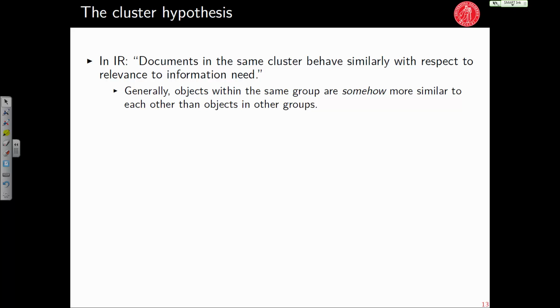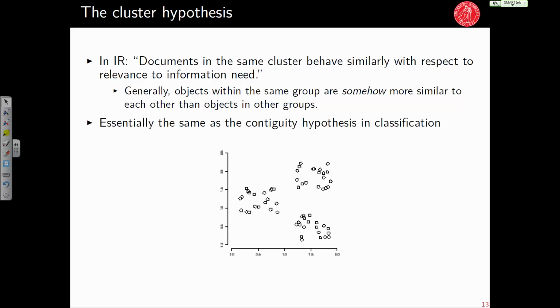Generally what we are saying is objects within the same group are somehow more similar to each other than objects in other groups. And that's why we could apply this speed up mechanism where we compare the query to the centroids of the clusters rather than each document, because we are assuming that the members of one cluster are similar to each other and therefore will also be similar or relevant to the query or the information need.